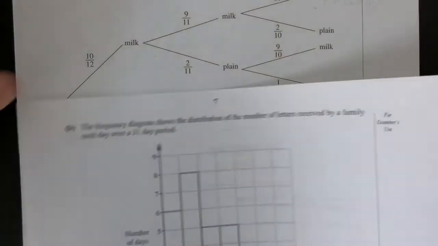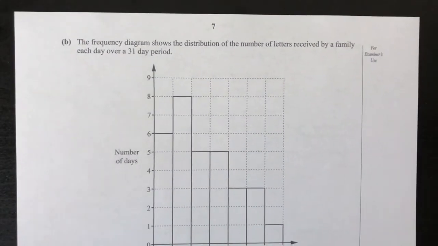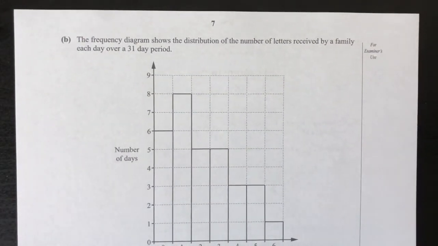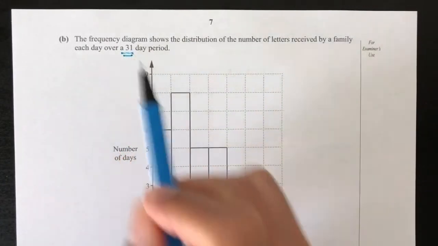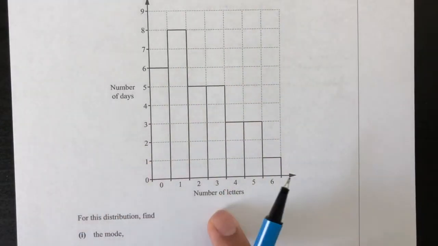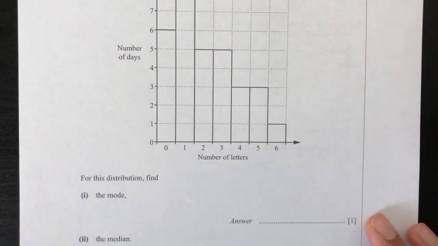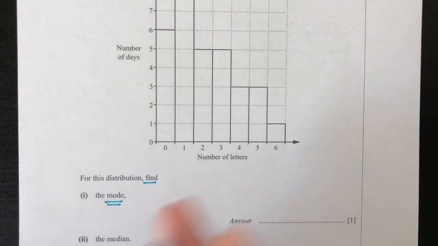Now let's move on to part B for this question. The frequency diagram shows the distribution of the number of letters received by a family each day over a 31-day period. This is number of days, and this is number of letters. So part 1, for this distribution, find the mode of this diagram.